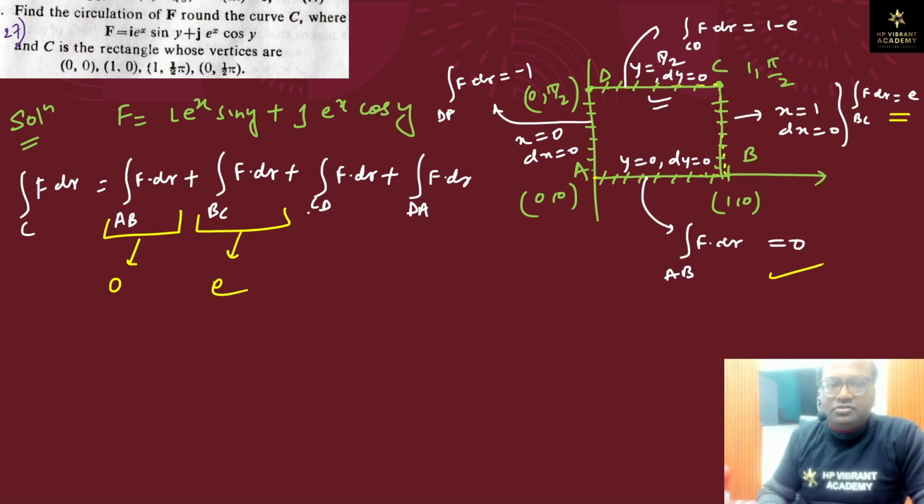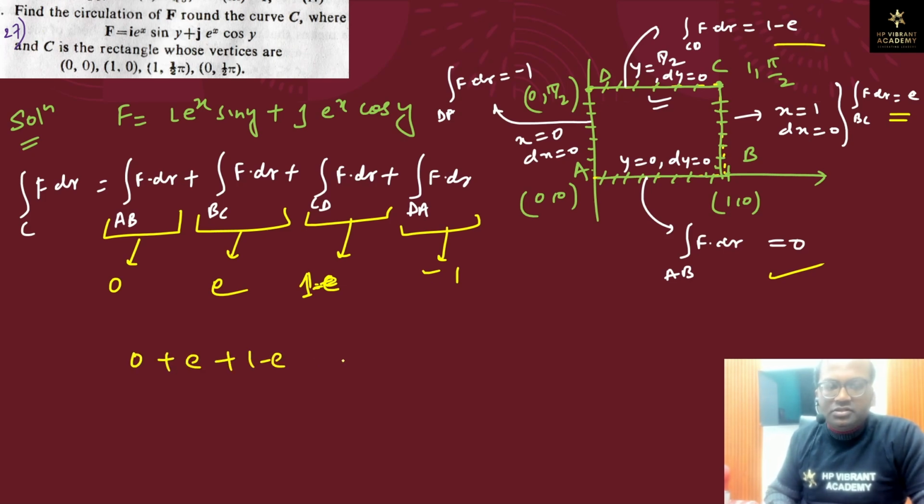Okay. Along CD it is 1 minus e. And along DA we have this is minus 1. So let us add this: 0 plus e plus 1 minus e minus 1. So e gets cancelled, 1 and minus 1 gets cancelled. This is 0. So the value of f dot dr along the curve C is 0.